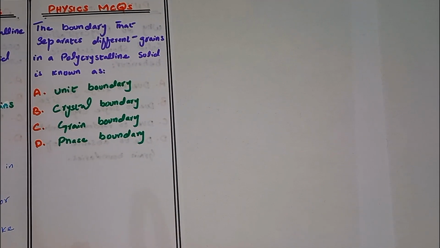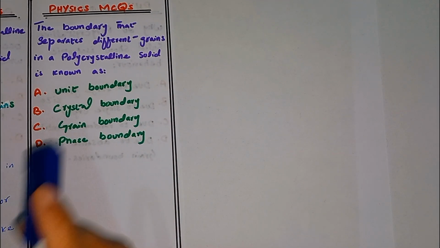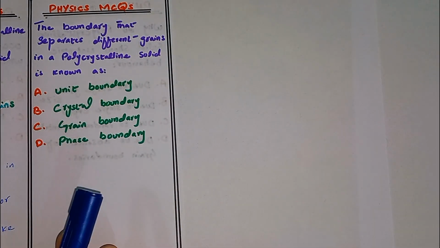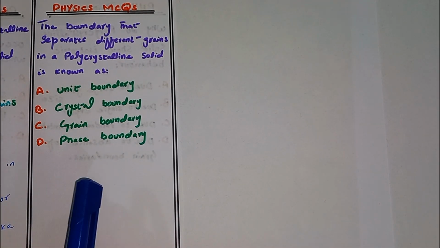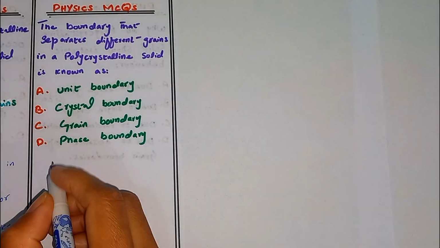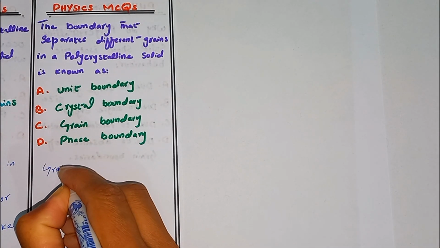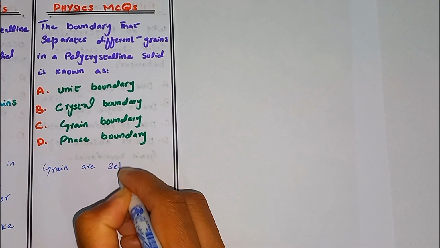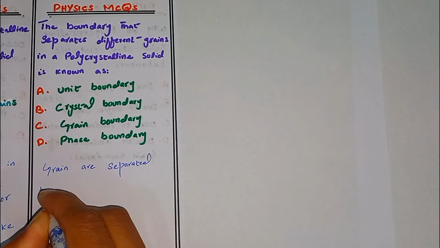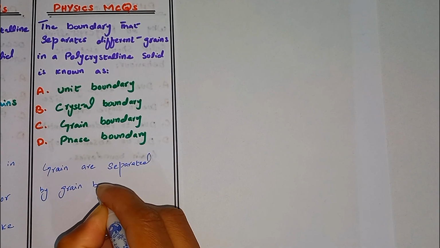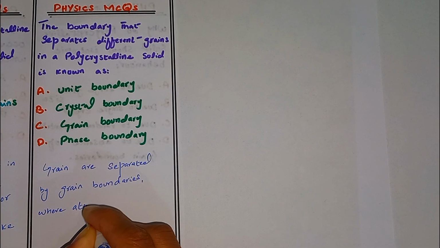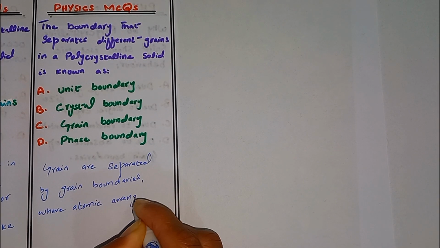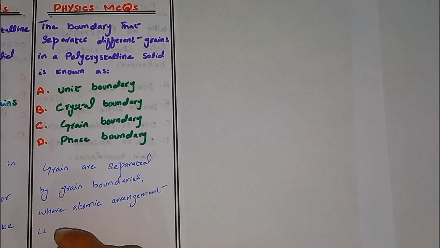Now move to the third MCQ: the boundary that separates different grains in a polycrystalline solid is known as unit boundary, crystal boundary, grain boundary, or phase boundary. We know that grains are separated by grain boundaries where the atomic arrangement is disturbed.